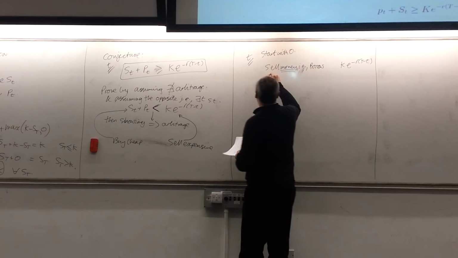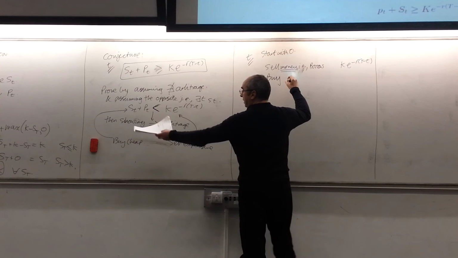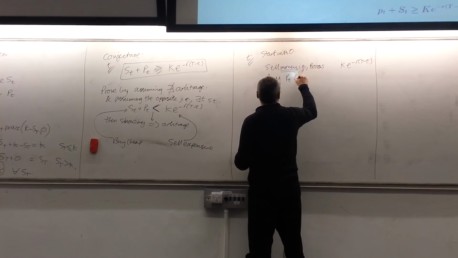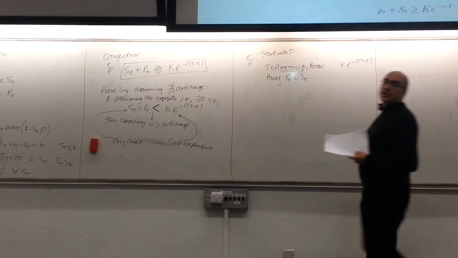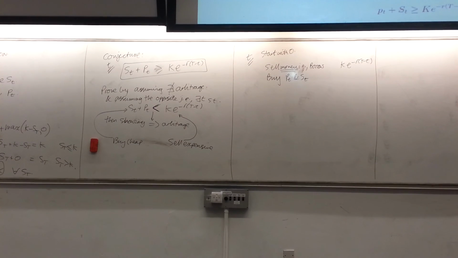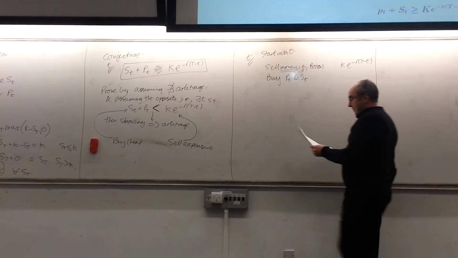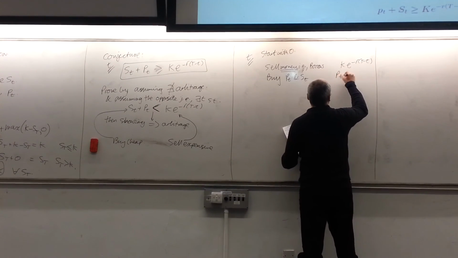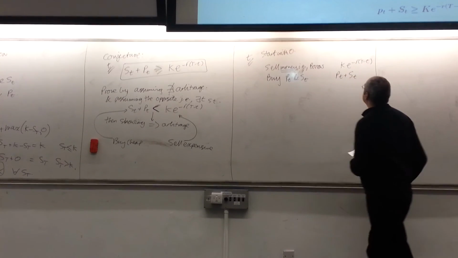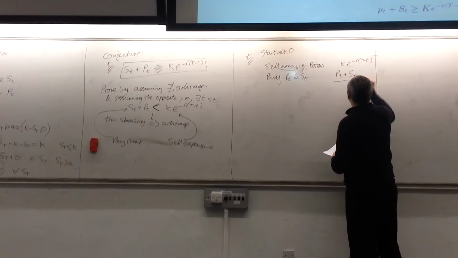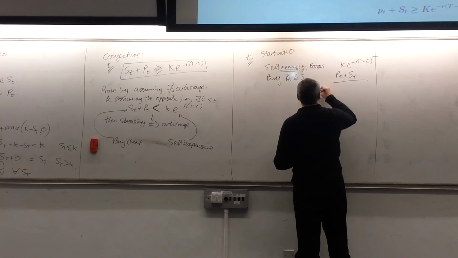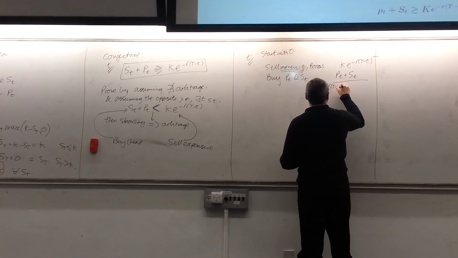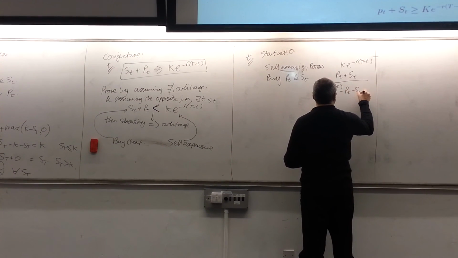And I use that to buy p_t and s_t. So I buy the share and I buy the put option. So p_t plus s_t costs me p_t plus s_t. I subtract the two and I get K e^(-r(T-t)) minus p_t minus s_t.